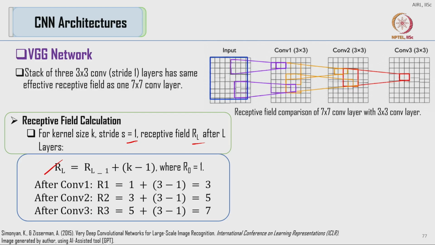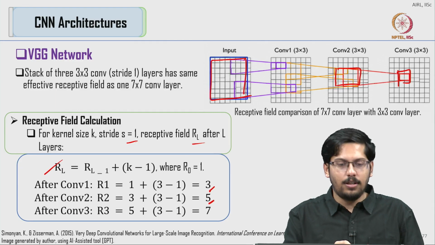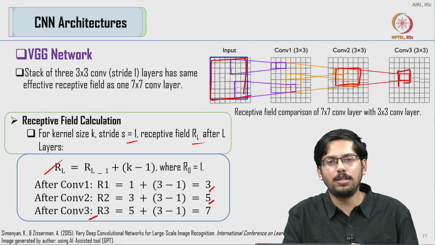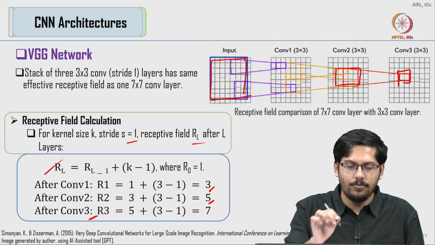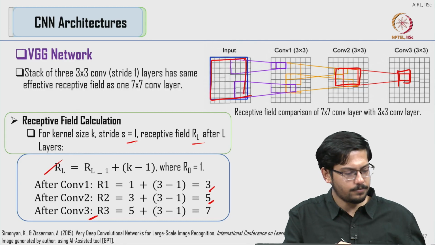So, after conv1 the receptive field essentially is 3x3. After conv2 the receptive field is 5x5, and after conv3 the receptive field would be 7x7, which we know it to be here, right. Essentially the conv3 projection would be similar to the receptive field after a 7x7 conv layer.